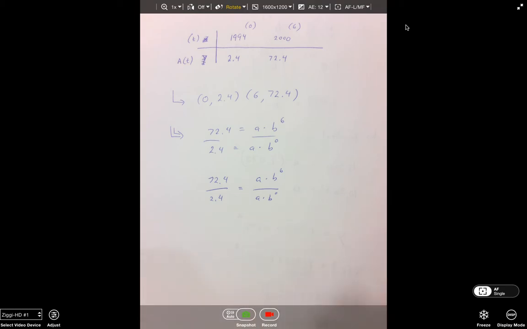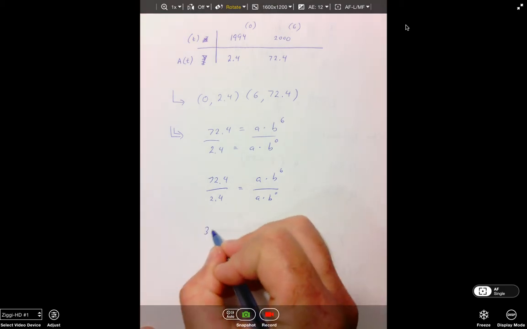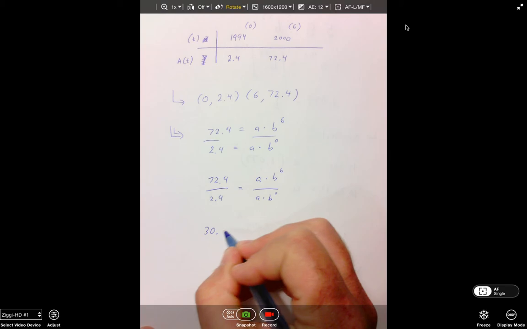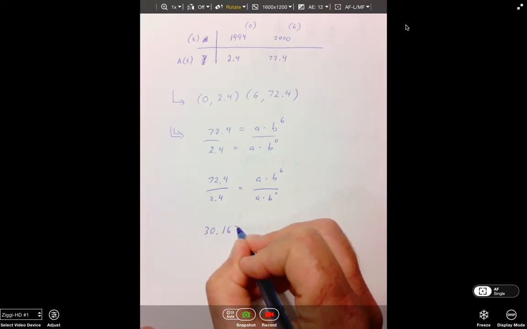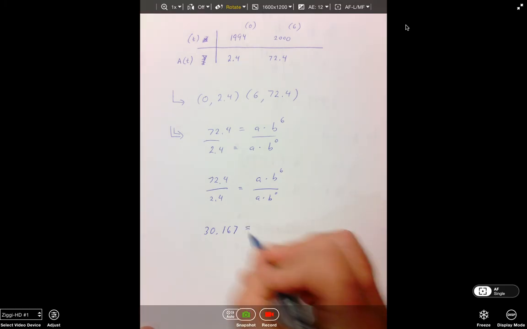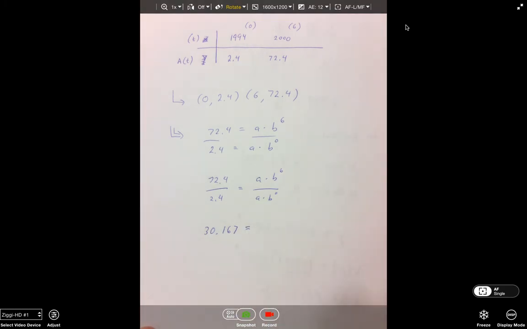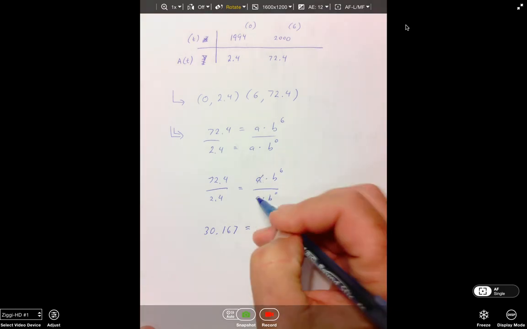So 72.4 divided by 2.4 is 30.166666. So I'm going to go out, say 3 places. That should give me pretty decent technical accuracy.